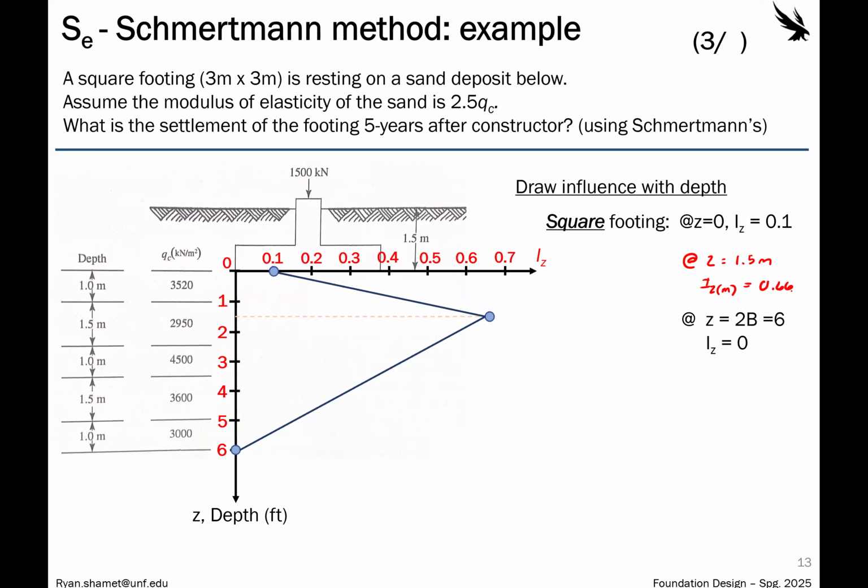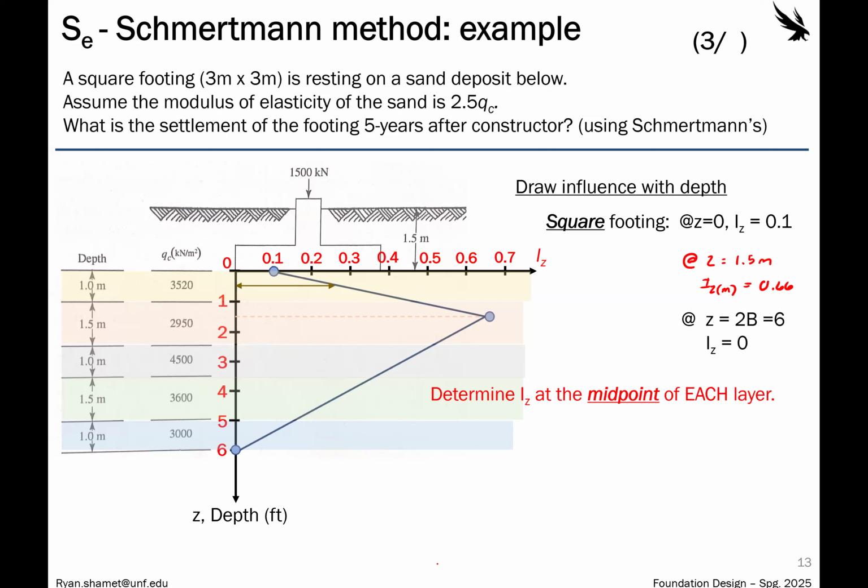So we overlay this on our layers. This is why we still have our layers right there, and I just color coordinated them, but you can use hatches, or you can just draw lines across them. And these layers, we need to find the midpoint of the IZ value of each of these layers.